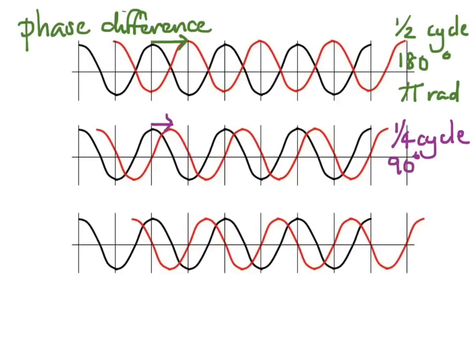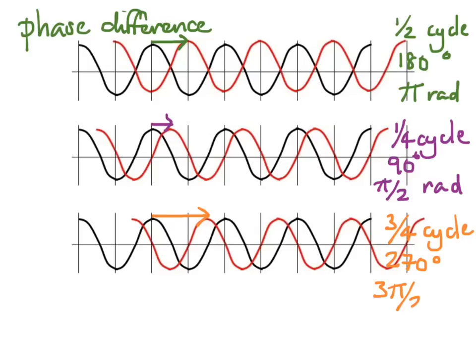And we could also call that 90 degrees, or pi by 2 radians, pi over 2. In the third diagram, the red one is shifted by 3/4 of a cycle. So we could express that as 270 degrees or 3 pi by 2 radians.